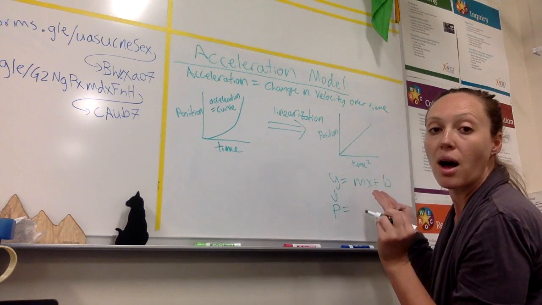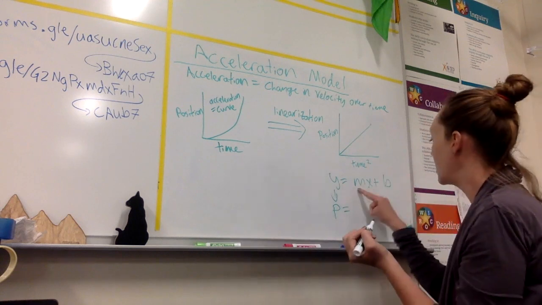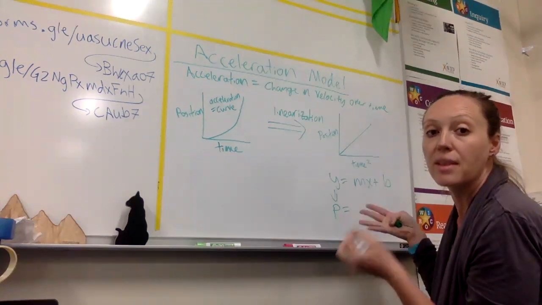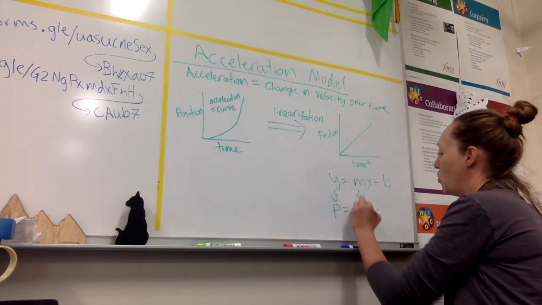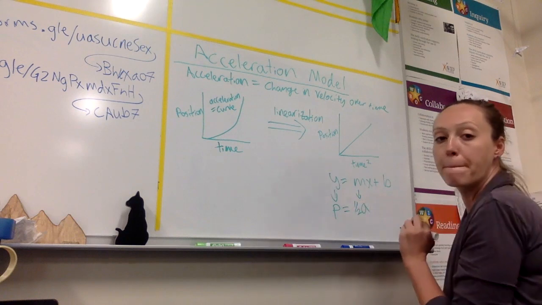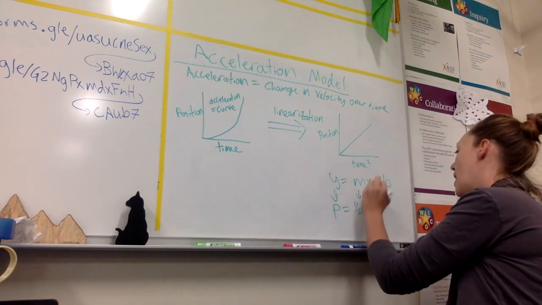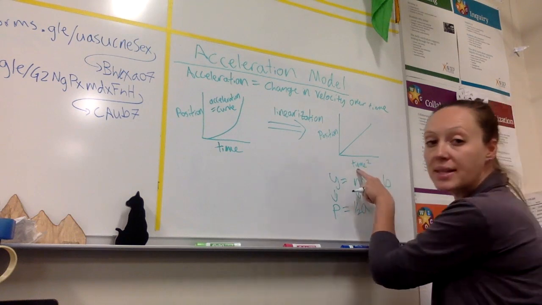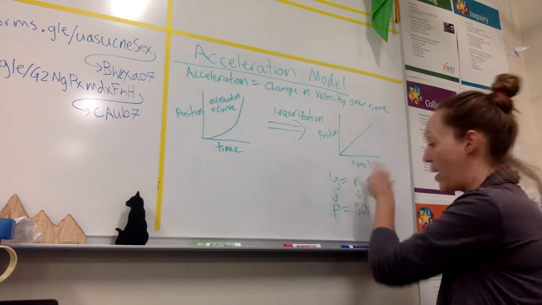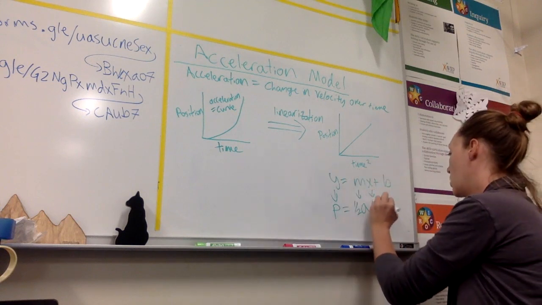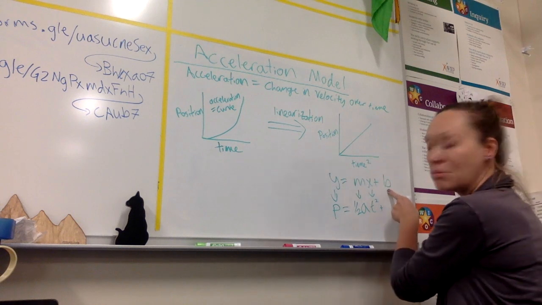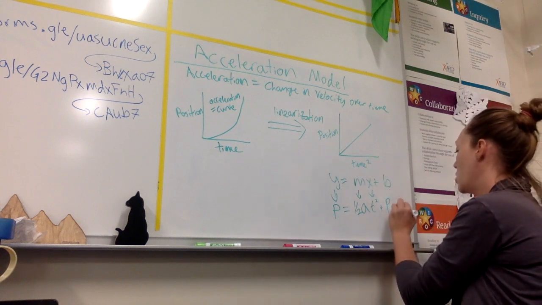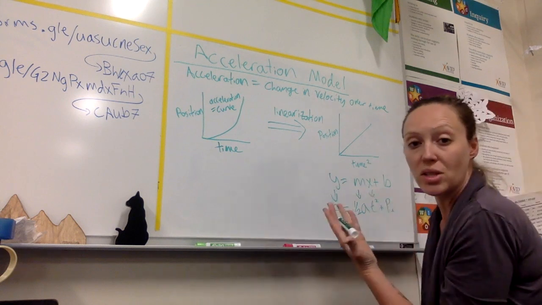Hopefully you saw from the lab that the slope was 1/2 the acceleration, so m turns into 1/2 a. And then what we graphed on the x-axis is not t, it's t squared, plus a y-intercept of whatever that initial position was.